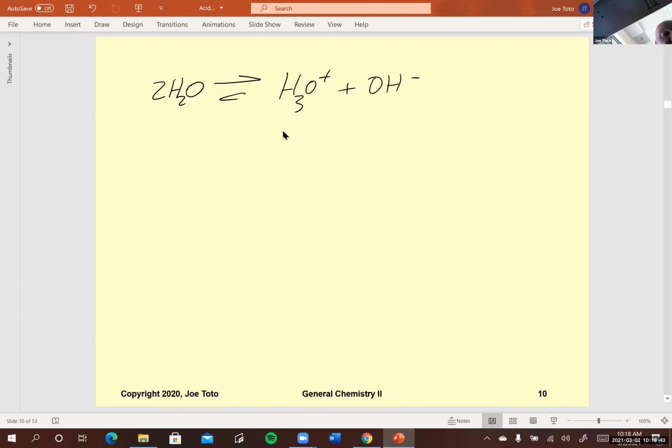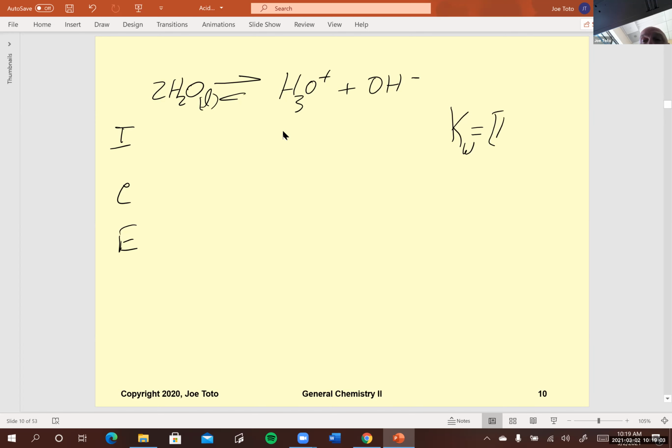then I have initial, change, equilibrium. Now, since this is a pure liquid, it doesn't enter into the definition of the equilibrium constant, which we call Kw, right?